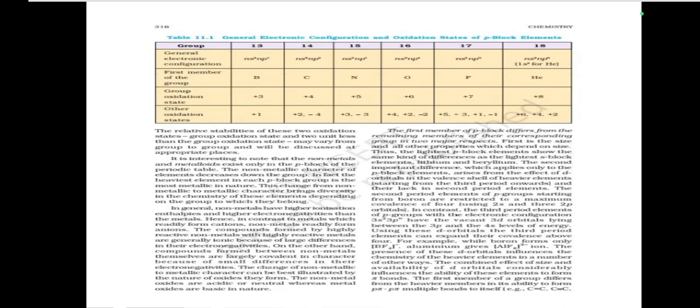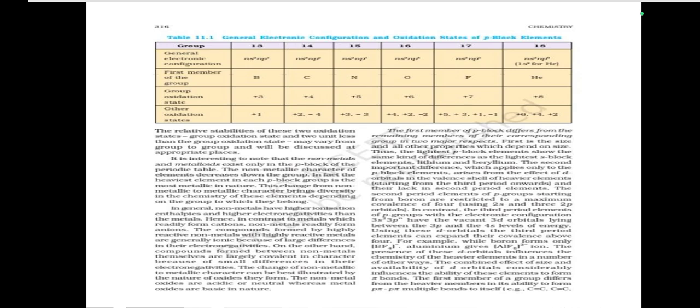In contrast, the third period elements of the p block, with the electronic configuration 3s2 3pn, have a vacant 3d orbital lying between the 3p and 4s levels of energy. Elements can therefore expand their covalence above 4.